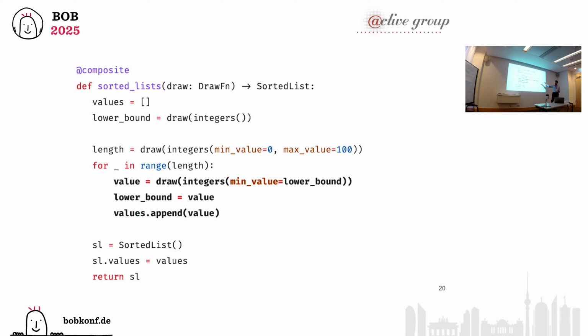And at the end of this for loop, we know that the list we have is sorted. So we can just use that to construct a sorted list. So we create a sorted list, we swap the values, and then we return it. So this is the style that we write generators in. We compose these different randomnesses together to construct one larger structure.